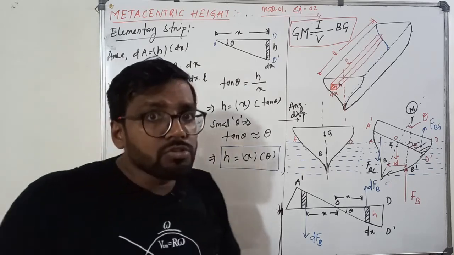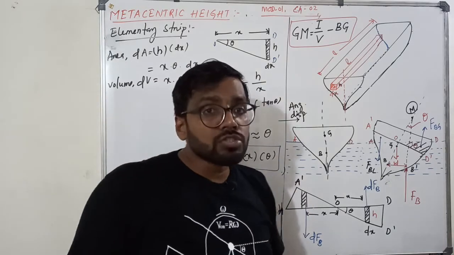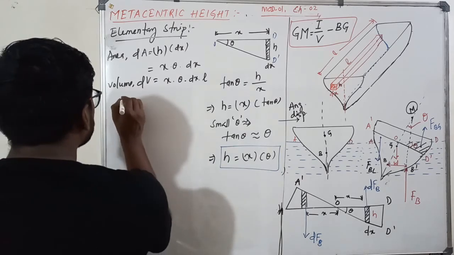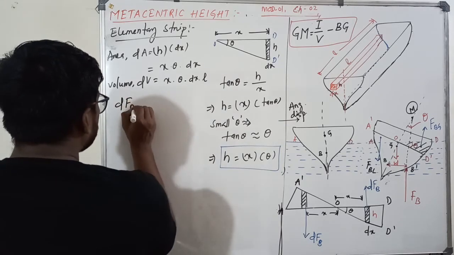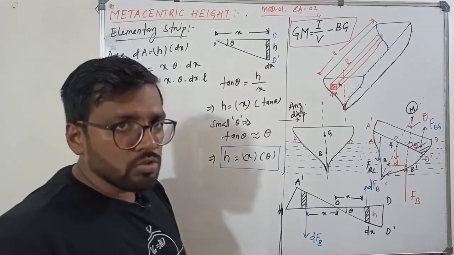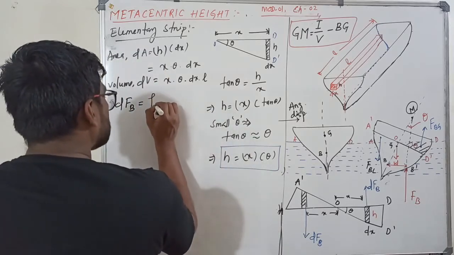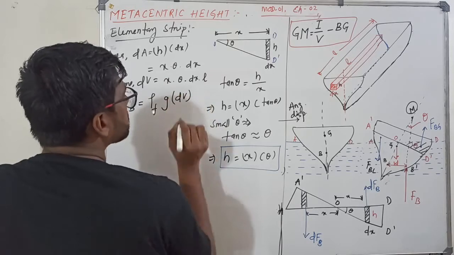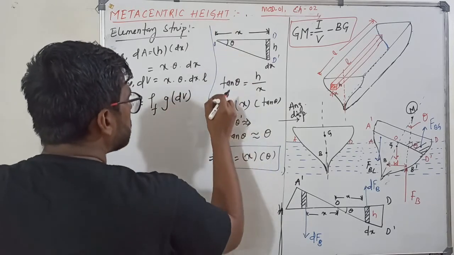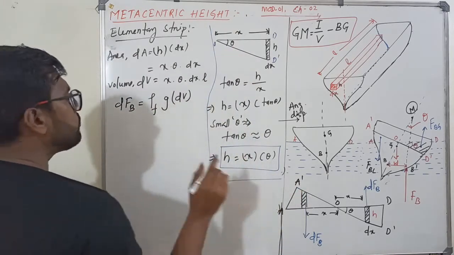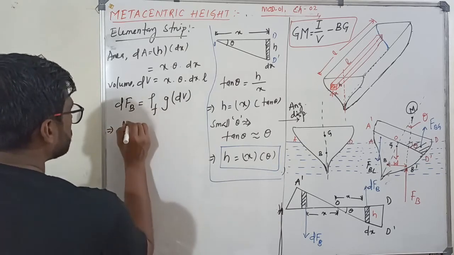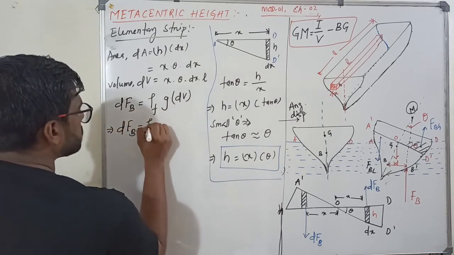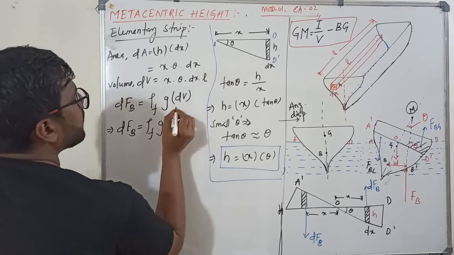Now, what is the force of buoyancy on your elementary strip? The force of buoyancy is dFb, and we know the force is nothing but the density of fluid, rho f, multiplied by g, multiplied by the volume displaced. So dFb equals rho f g dV.